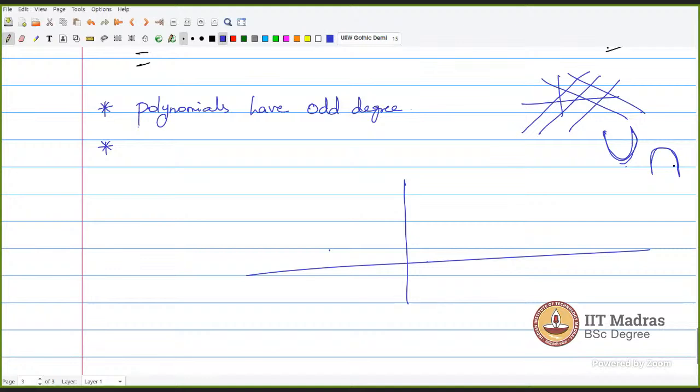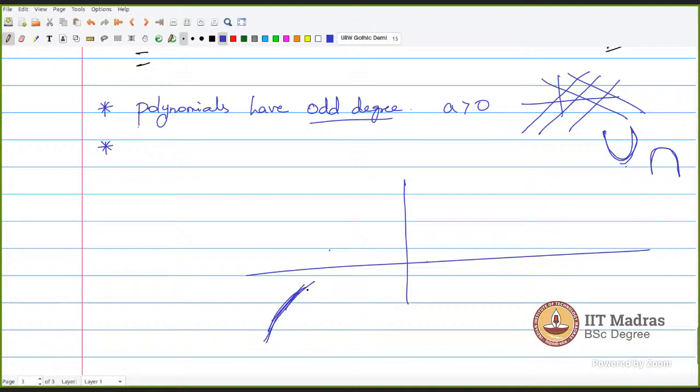But when it comes to polynomials, you will have 4 different cases, depending upon the coefficient being greater than or less than 0, as well as the degree being odd or even. If your degree is odd and you have a positive coefficient, let's say a greater than 0, then your graph will be something like this.